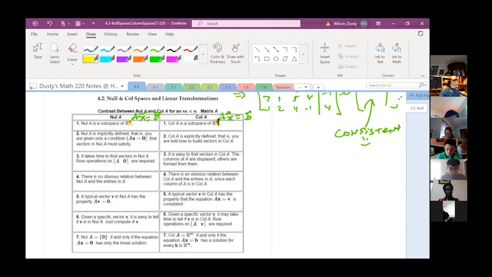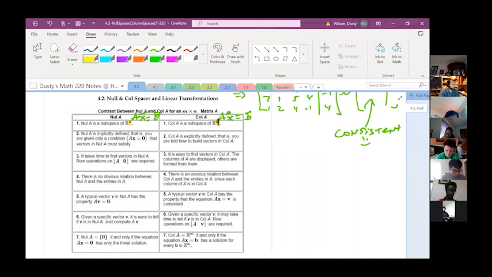Okay, go for it, Kyle. For number 2, null A is implicitly defined. That is, you are given only a condition, AX equals 0, that a vector in null A must satisfy. Column A is explicitly defined. That is, you are told how to build vectors in col A. Cool.